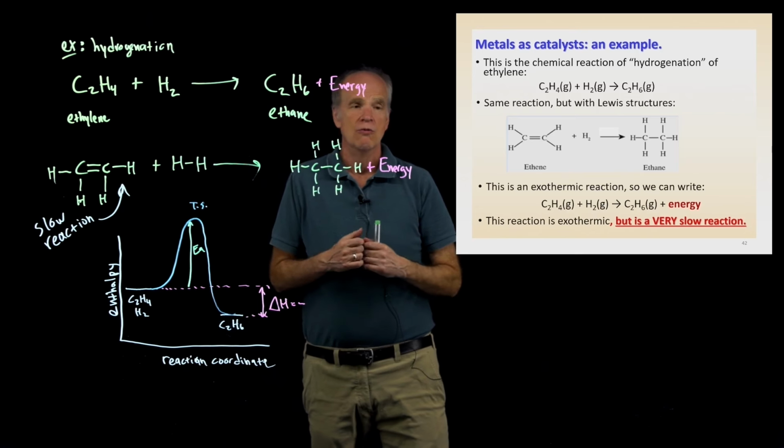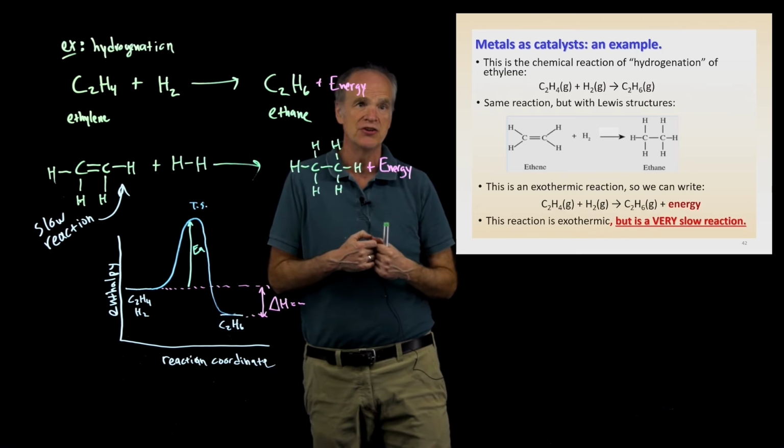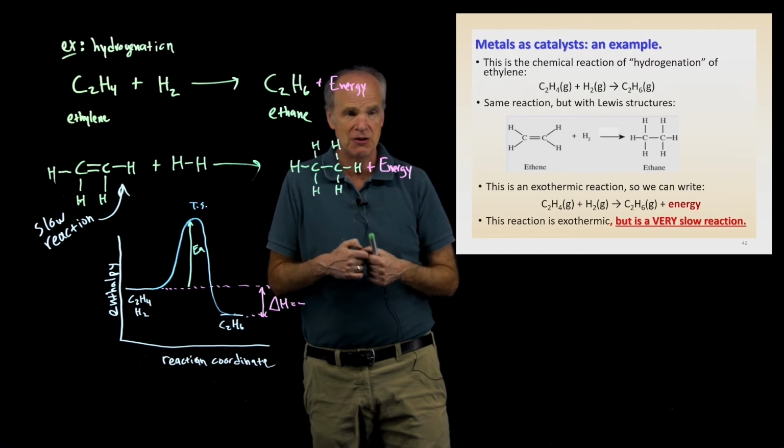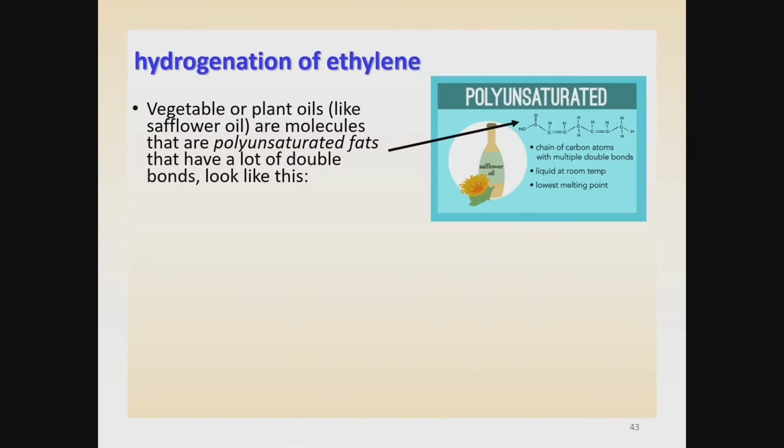What the food industry wants to do is make this reaction go faster, and I want to explain to you why that's the case. So if I can increase the slide just for a second. What the food industry likes to do is harvest oils from vegetables or plants, which are in a polyunsaturated form, and then convert them into a saturated form. So let me talk a little bit about this.